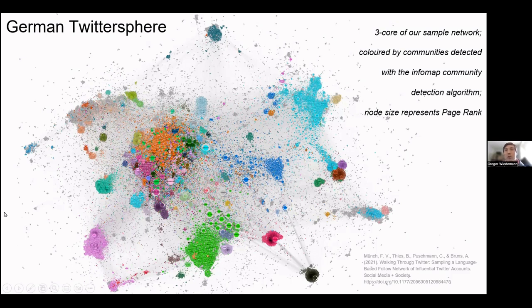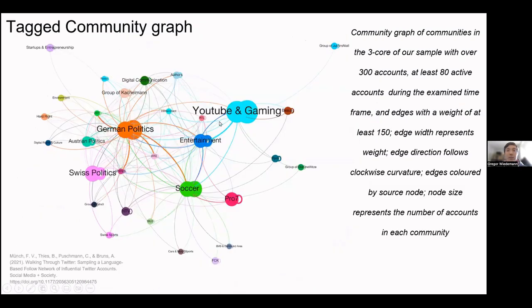By more closely investigating these clusters, you can find that there are clusters about German politics, a large cluster of entertainment, of YouTube and gaming. Soccer is a major thing where people are following each other and discussing things, media itself. And then Austrian and Swiss politics, since we look at German language only here.